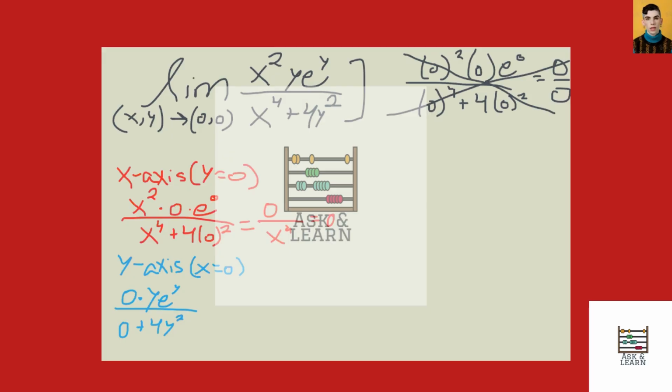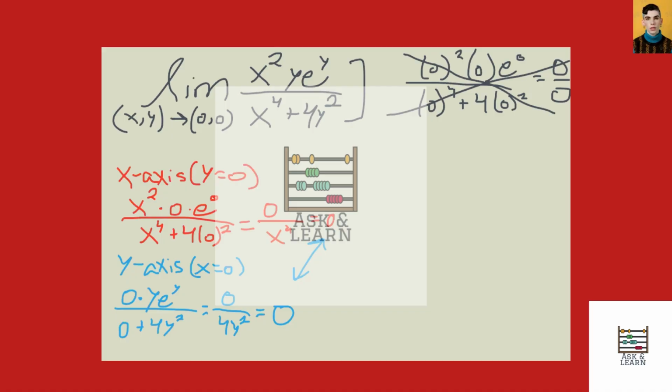And what we get here is 0 over 4y squared, which again is equal to 0. So this is looking pretty good. Both the x-axis and the y-axis result in the same limit. We still don't know for sure if that limit even exists.